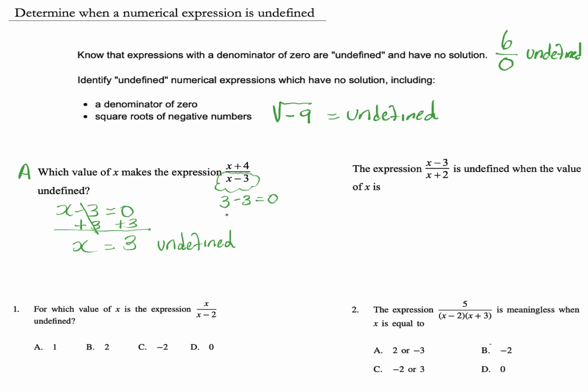Now, there are some people that can look at this and actually figure out the answer without even solving. So what I do is, if I look at my denominator, I see that's x minus 3. This minus is going with the 3, so make that minus 3, which means to make this 0, it has to be the opposite of this.